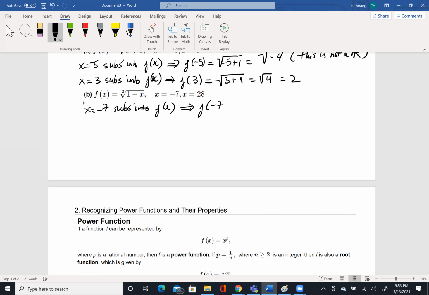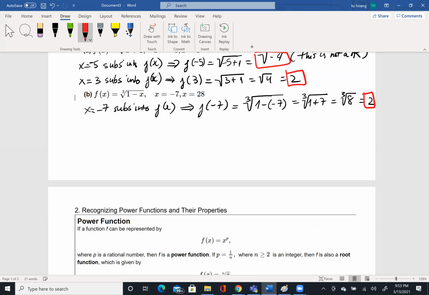F of -7, and I have cube root of 1 minus -7. And that gives me cube root of 1 plus 7. That gives me cube root of 8. Cube root of 8 equals 2. And that should be the answer. I should also circle this. Okay.